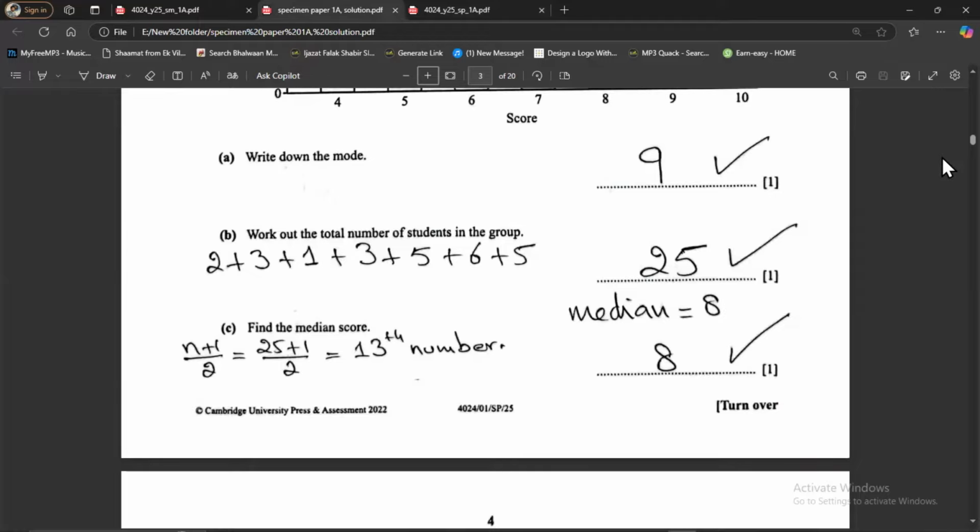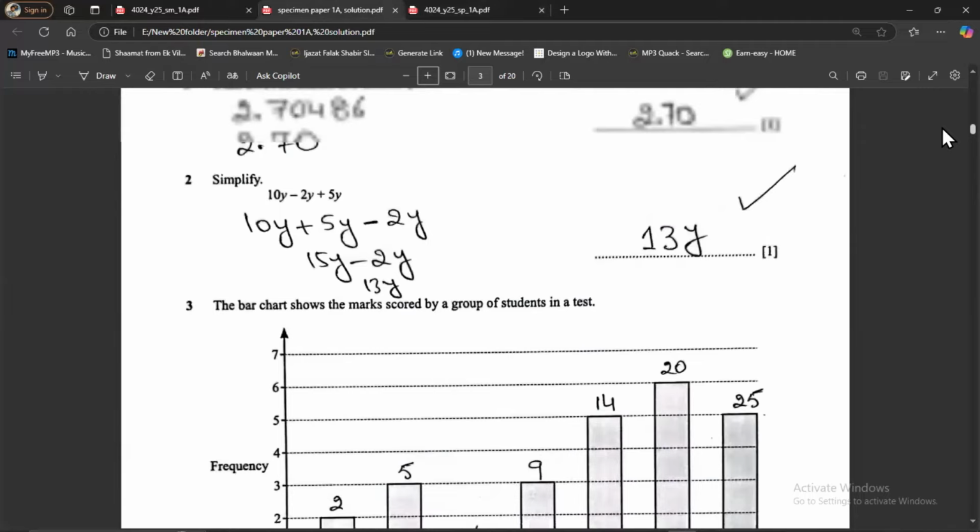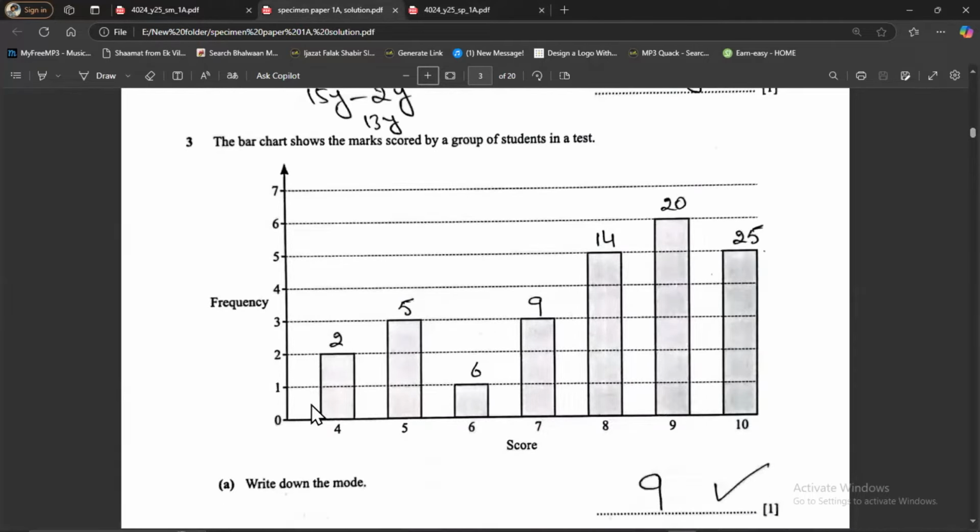I have written the cumulative frequencies on the graph paper: 2, 5, 6, 9, 14, 20, 25.